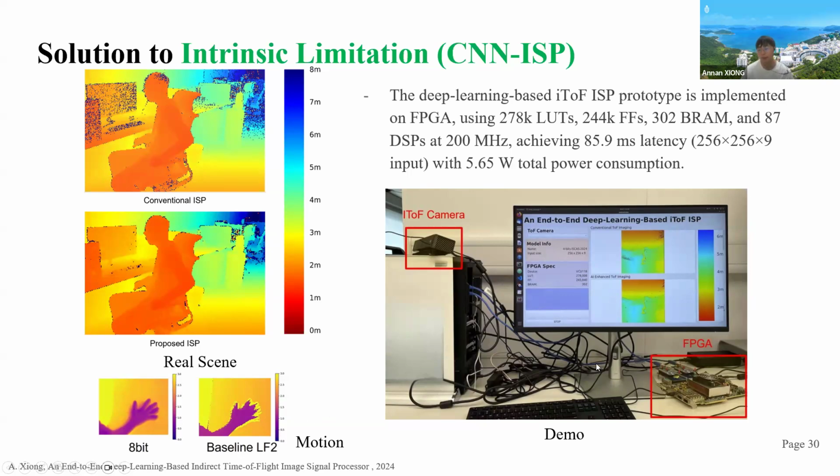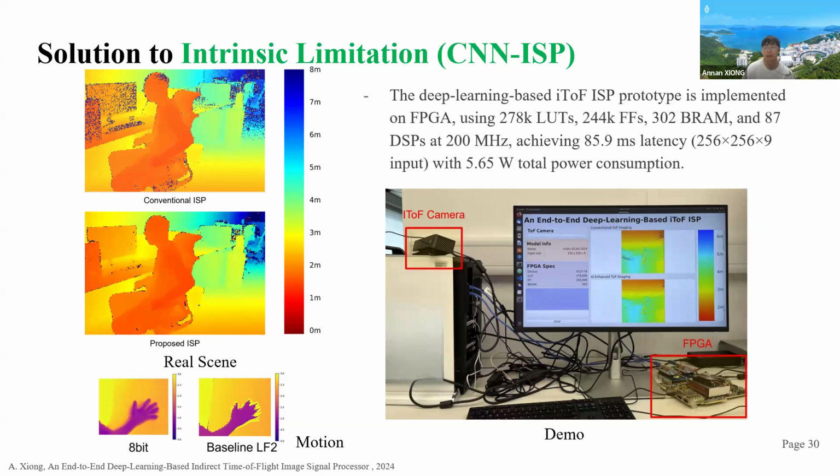Here shows the demonstration of the prototype system. This system is implemented on FPGA with the resources shown here. The clock frequency for this system is 200 MHz with a latency of 85.6 milliseconds if the input is 256 window size in 9 channels.